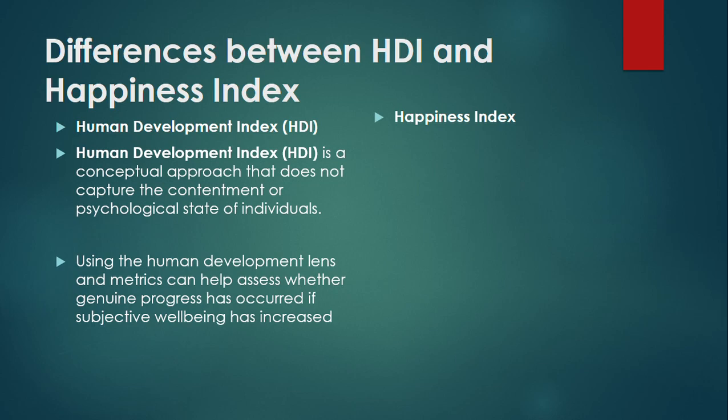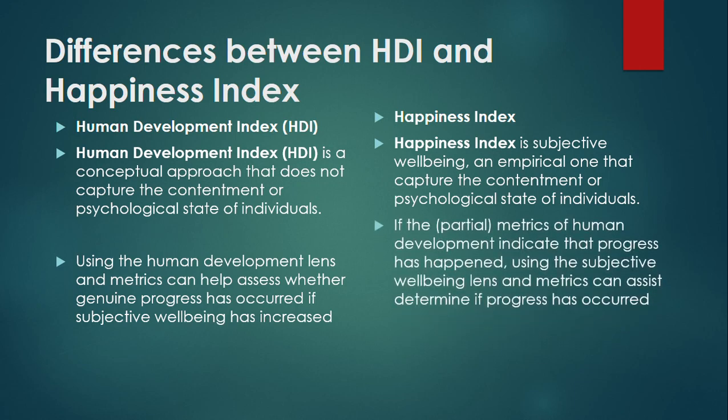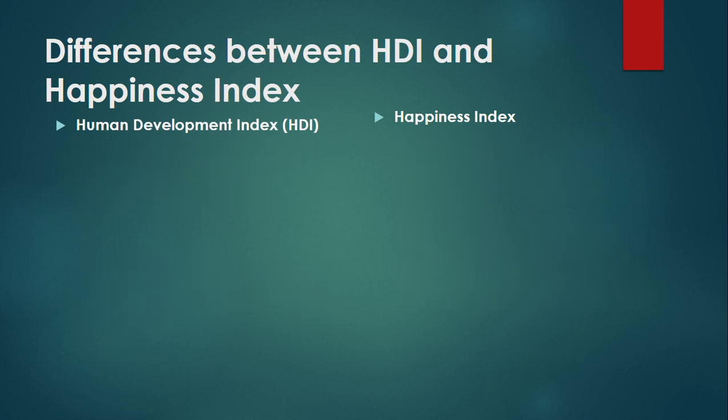On the other hand, happiness index is subjective well-being, an empirical one that captures the contentment or psychological state of individuals. If the partial metrics of human development indicate that the progress has happened, using the subjective well-being lens and metrics can assist in determining if progress has occurred.